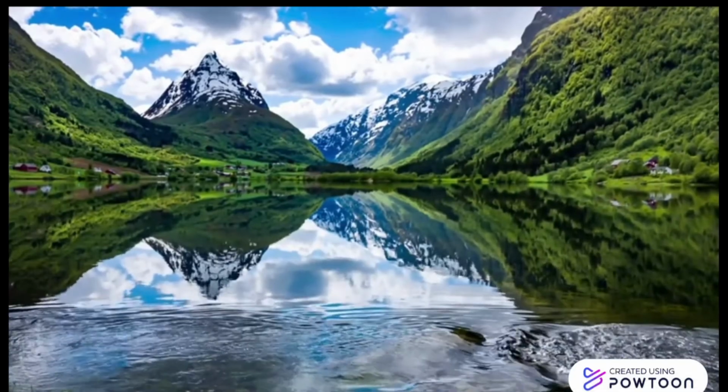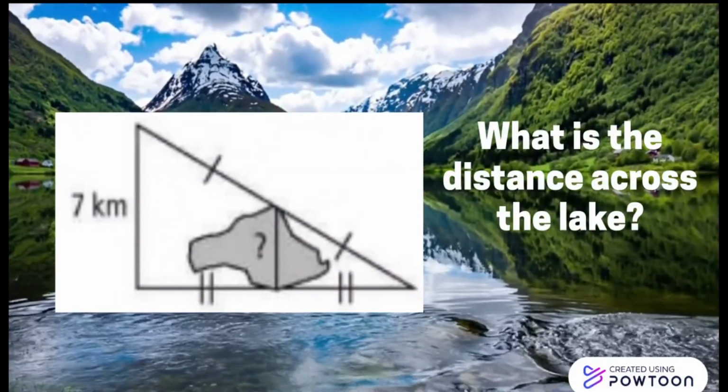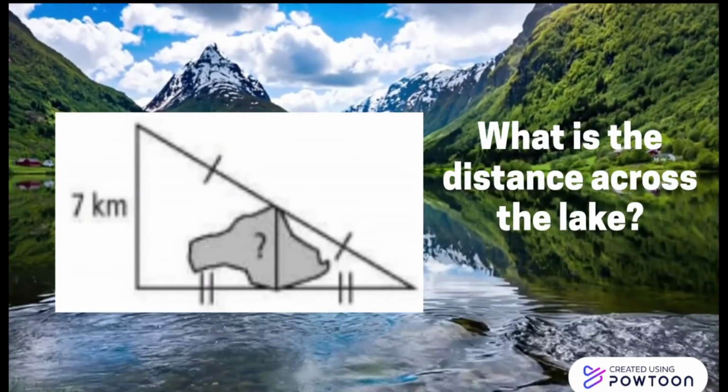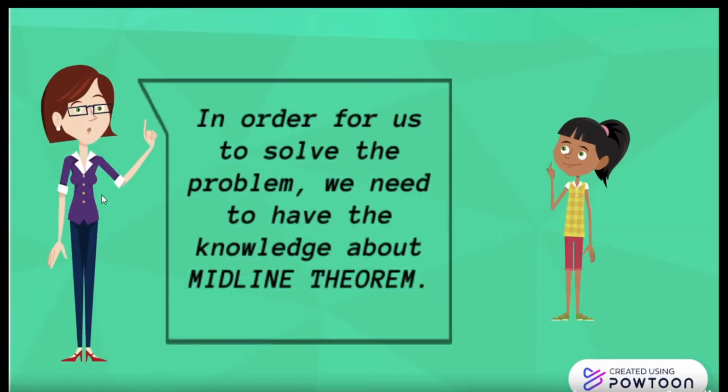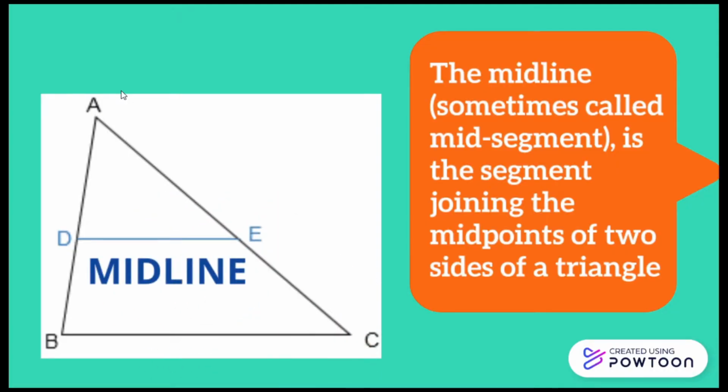What a beautiful lake! Given the diagram, what is the distance across the lake? In order for us to solve the problem, we need to have the knowledge about midline theorem. The midline, which is sometimes called the mid-segment, is a segment joining the midpoints of the two sides of a triangle.